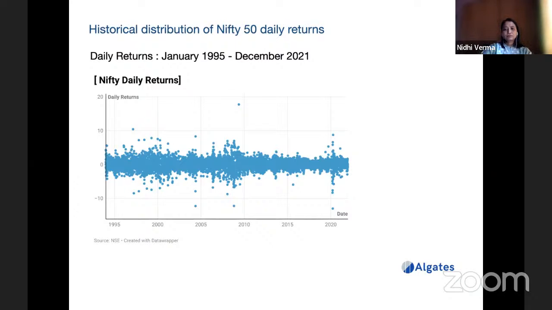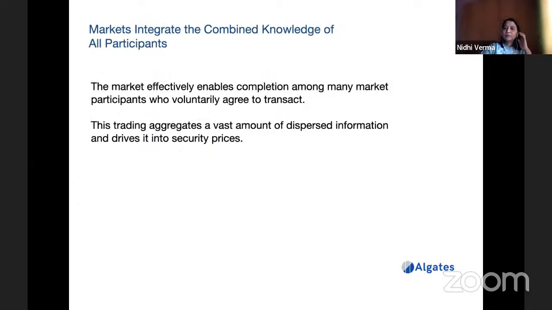So what the market does is combine all the knowledge of all the participants in the market. The market effectively enables competition among many market participants who voluntarily agree to transact, and the trading aggregates a vast amount of dispersed information and drives it into security prices.